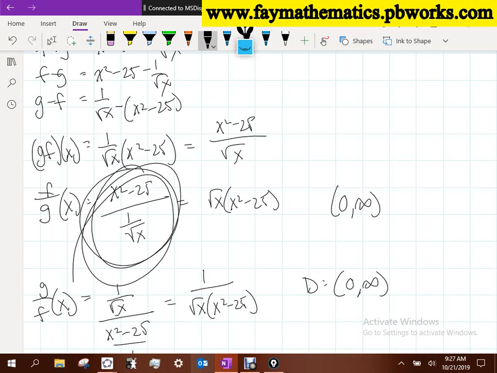At 5. If I plug 5 in here, I get 0 down here, don't I? Now, there's a problem at negative 5 as well. Why don't I worry about negative 5? Because it's not in A intersect B to begin with. Okay? So my real domain is 0 to 5, union 5 to infinity.